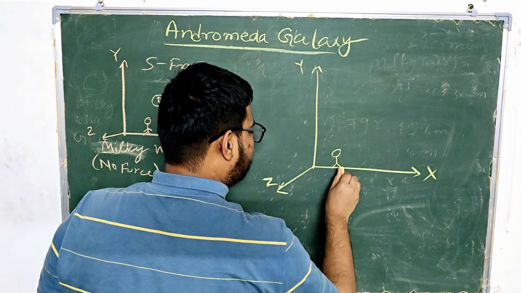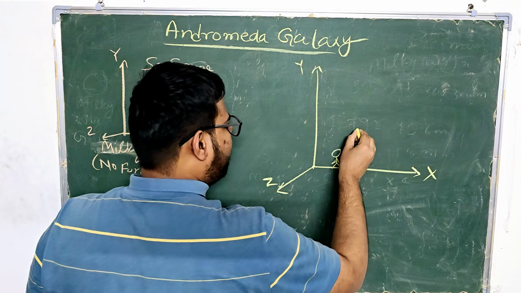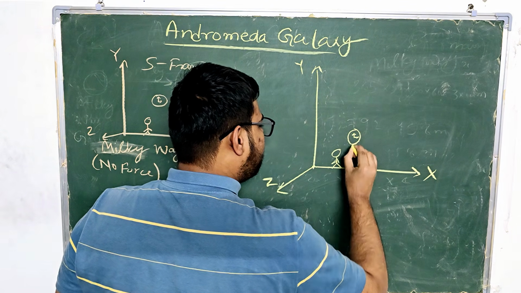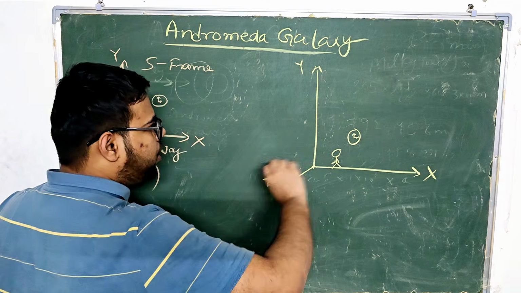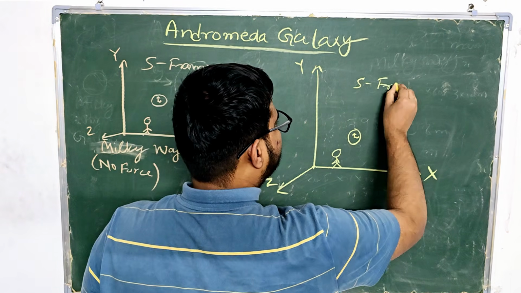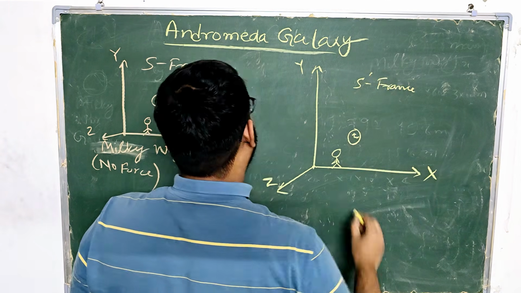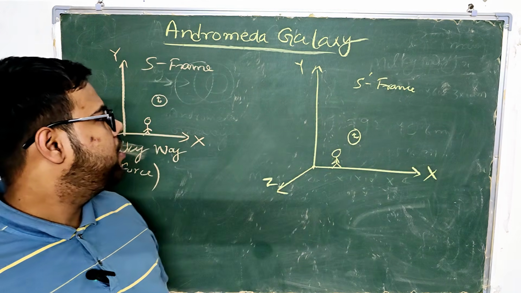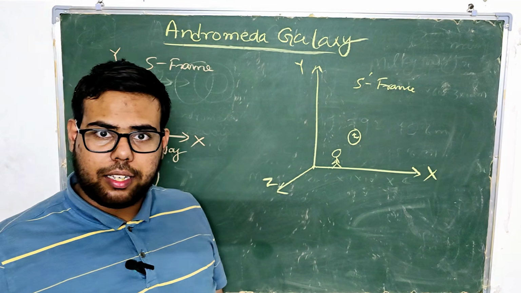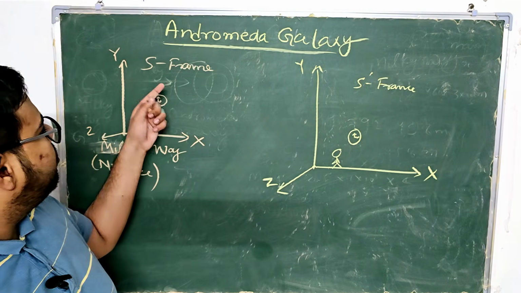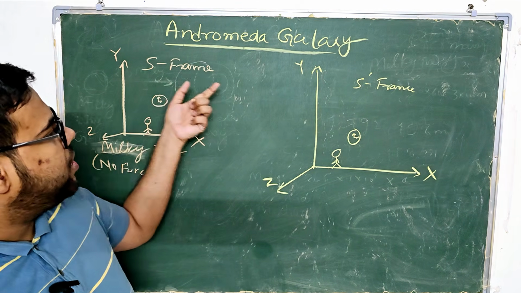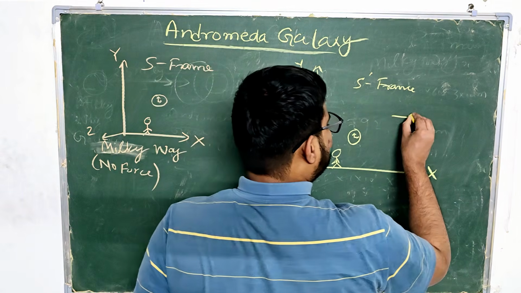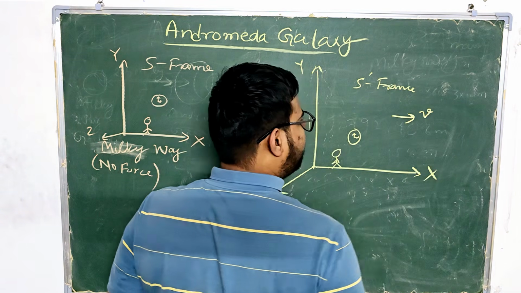This is the S dash frame. Notice that both the frames are inertial frames, that is, they both are not accelerating. This one is traveling with a velocity v.